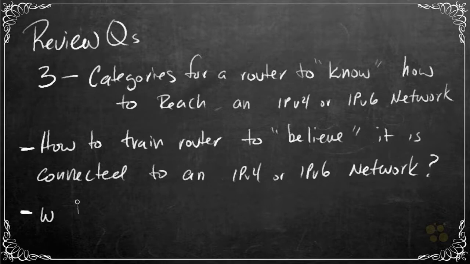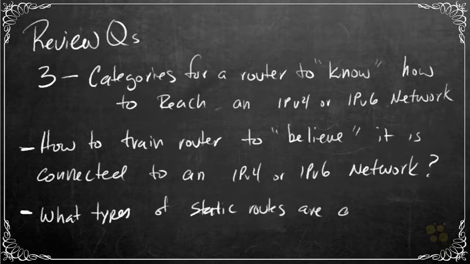Okay, next question regarding static routes. What are several different types of static routes that we could implement in both IPv4 and IPv6? And as I look back over the videos and labs that we've done together, this is what comes to mind.